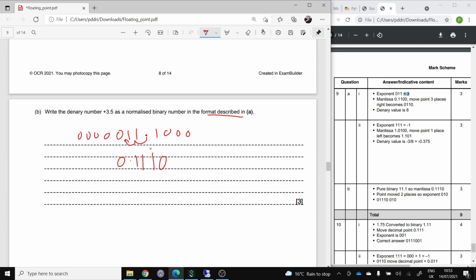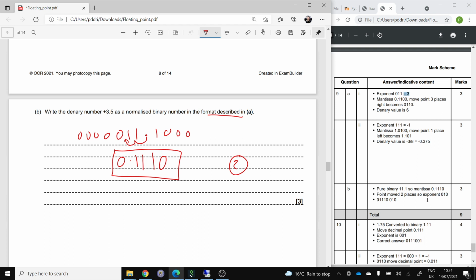The exponent, well, we had to shift 2 places in that direction. So here, from our normalized mantissa, we want to make the bits more significant, and in order to do that, we would have to have an exponent that is positive of 2.